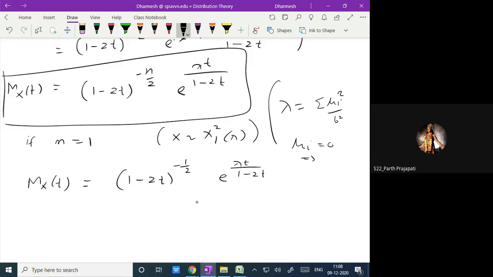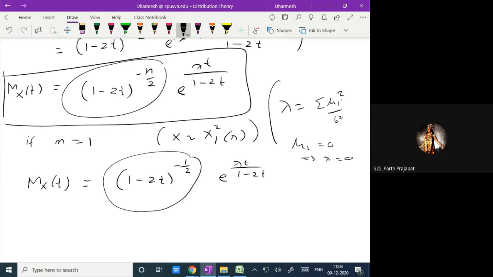If mu i equal to 0, which implies lambda equal to 0. So that means mu i equal to 0, so it will reduce the non-central chi-square into the central chi-square. And when you substitute lambda equal to 0 here, e raised to 0 is 1. So you can have the MGF of a central chi-square. If it is n degrees of freedom, so this is this.